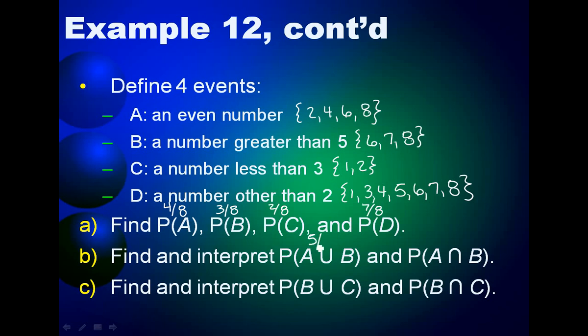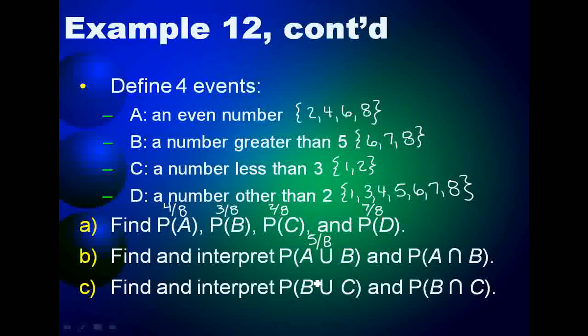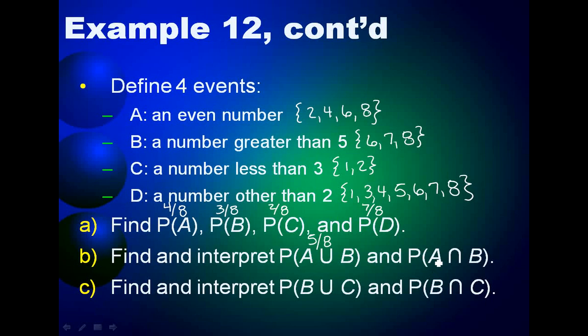So 5 eighths. We want the probability of A intersect B. We want what A and B have in common. Well, A and B have 6 and 8 in common, so that probability is 2 out of 8.